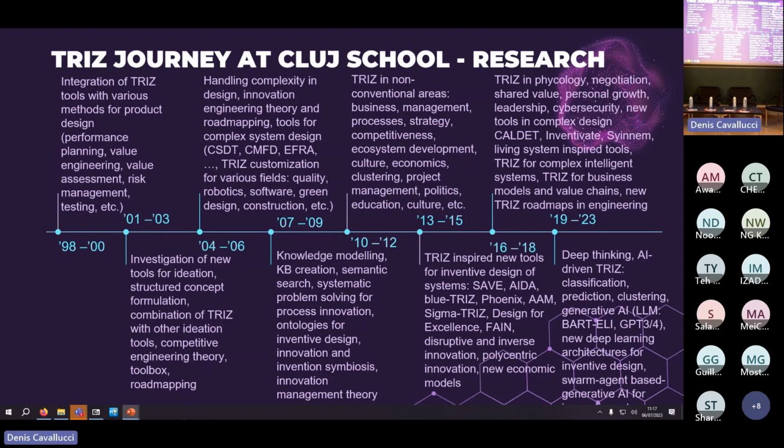And since 2010, we started to explore trees for areas other than the conventional ones, especially in the business field. After that, we invented, inspired by the trees framework, other inventive design tools to handle different systems.